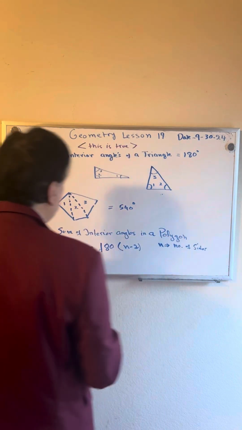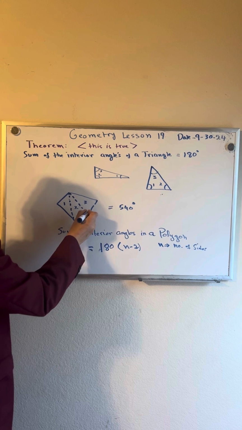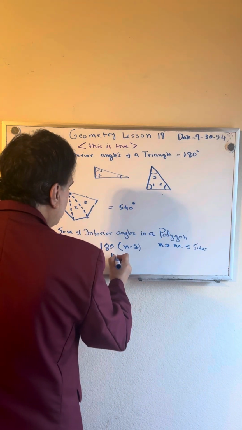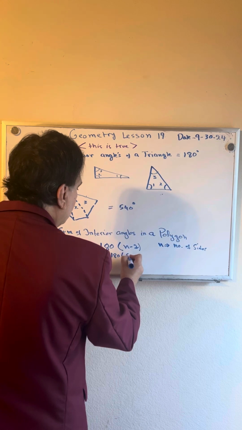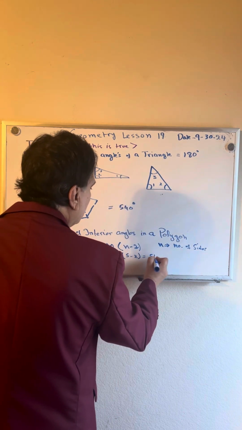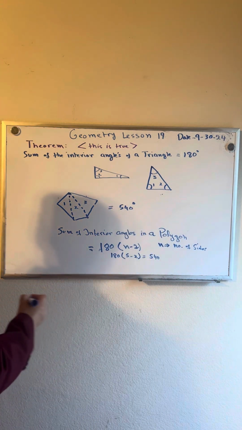Let me go back to this one. How many sides does this have? 1, 2, 3, 4, 5. If you apply the formula, 180 multiplied by 5 minus 2, that's 540. Bingo. What about something with 6 sides?